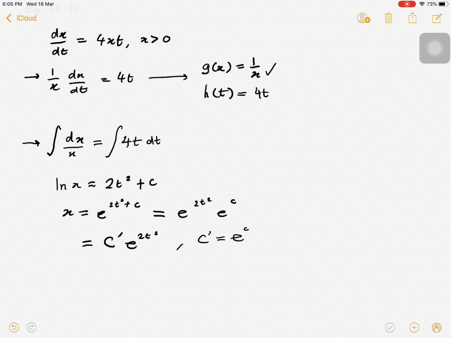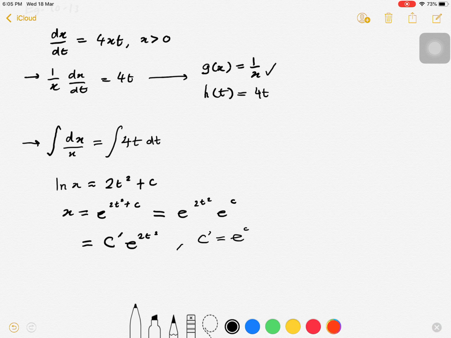So that's the solution. We can put c back into the formula. So this is the final answer, either this one, or this one, or this one, or this one. So there you go.